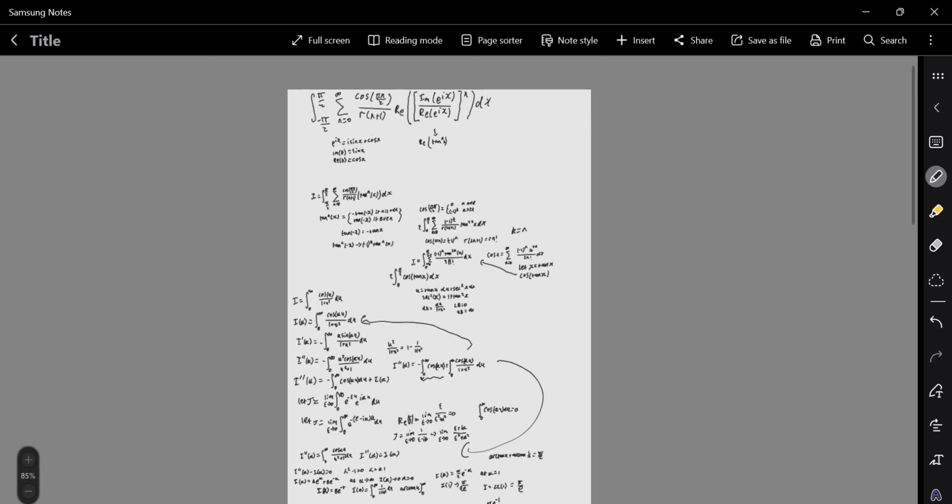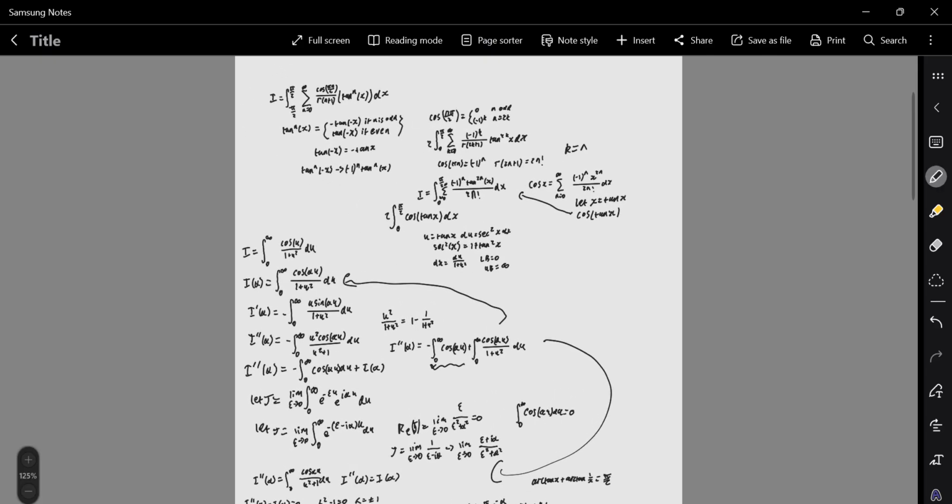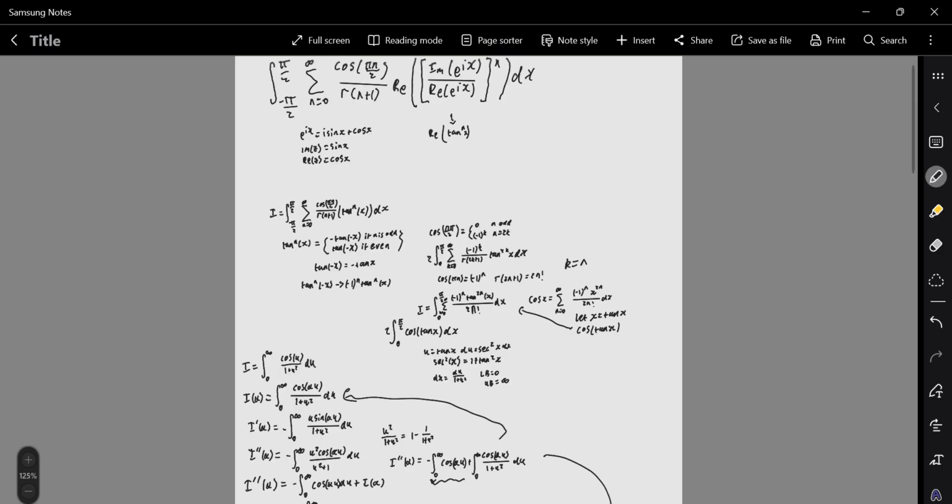Whew, after all the gamma functions and the complex notation, the entire problem collapses into this Fourier type integral, and it evaluates to pi over 2e, giving the final answer pi over e. And yeah, honestly, it's a nice, elegant problem.